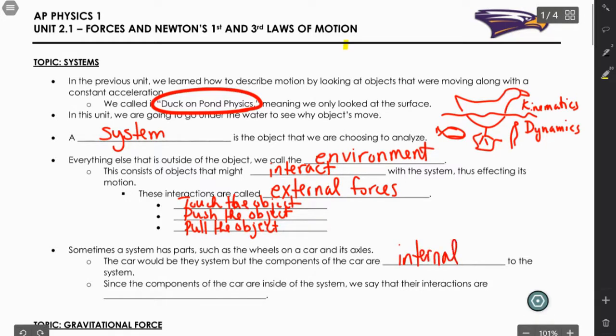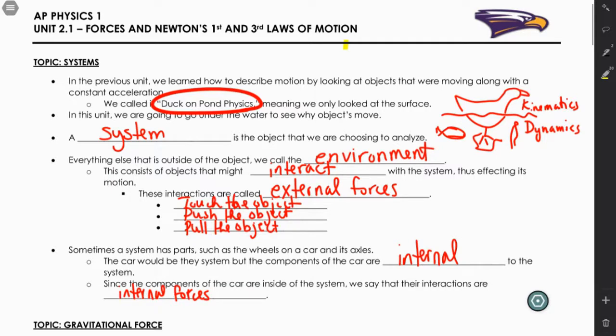And in the grand scheme of things, we don't necessarily have to worry about those internal interactions or those internal forces, unless a question specifically has us address it. But these internal interactions inside the system are something that we don't have to worry about.